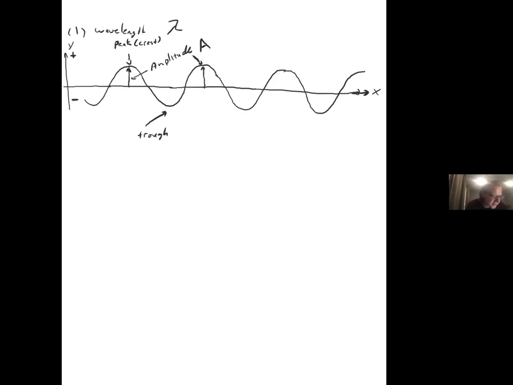Now, on the x-axis, I'm going to make this distance. Okay, and I'm not going to worry about the units right now. It could be meters, could be centimeters, could be micrometers, could be miles, it could be inches, whatever it is. The distance between two peaks, and I'm going to use these two peaks here just so that it's not too crowded, this is called the wavelength. Okay, so let's define the wavelength.